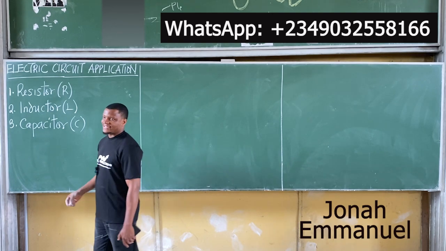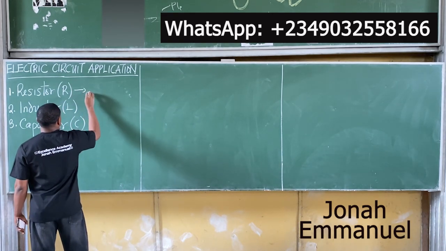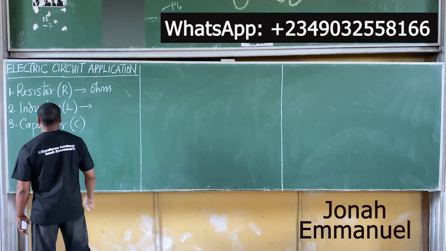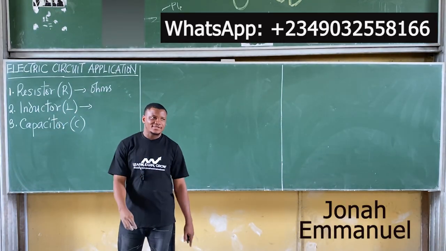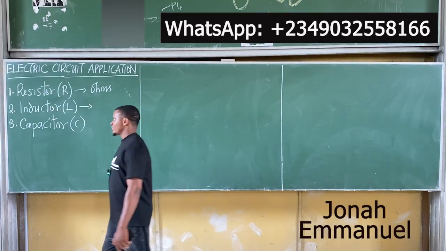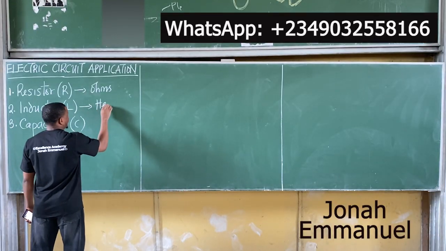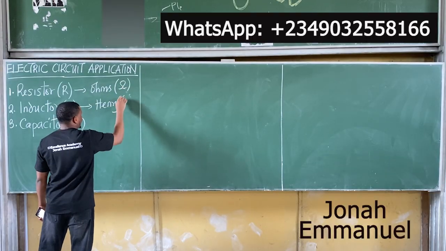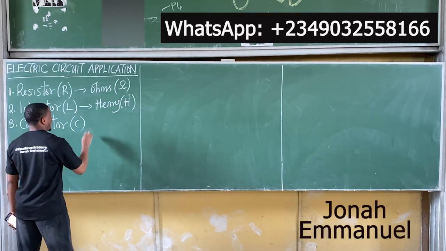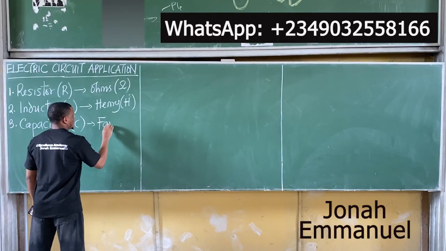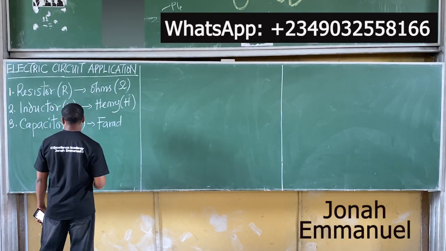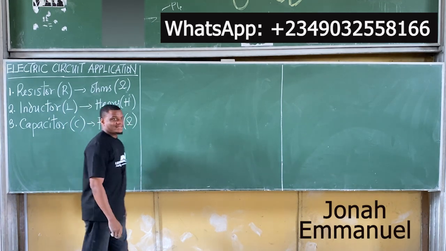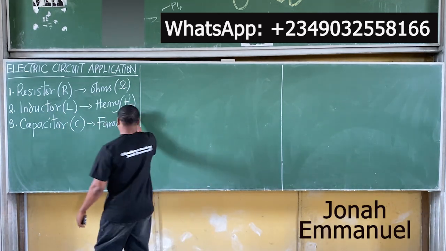Resistor is used to measure resistance in ohms. Inductor is used to measure inductance in Henry, abbreviated H. And the capacitor is measured in farad, F.